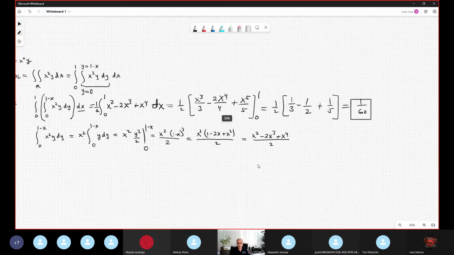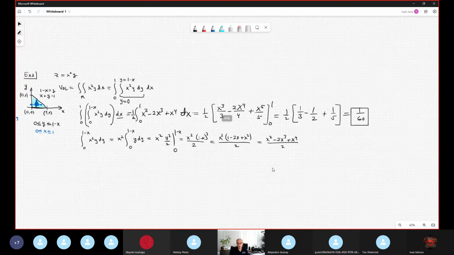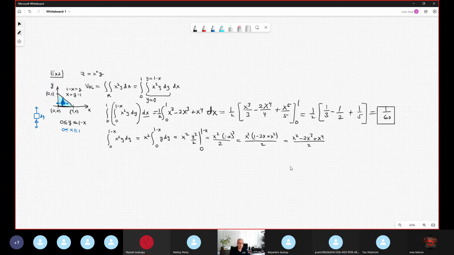And so what does that number mean? Well, that number is the volume, the volume of this surface over that region. It's the triangle. We can do it in another order.